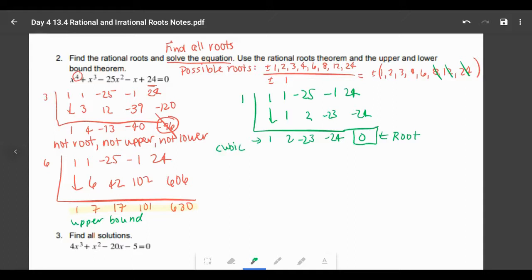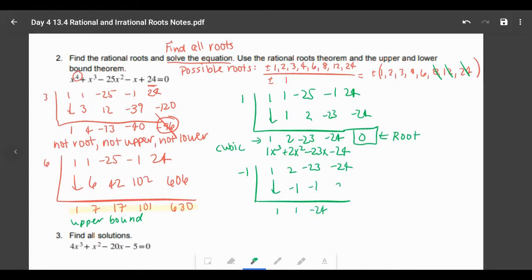It's represented by these coefficients, 1x cubed plus 2x squared minus 23x minus 24. So now I really just need to continue on with this, not the original quartic function. So I'm going to try negative 1. So negative 23 there. And I'm going to see what happens when we do synthetic division.